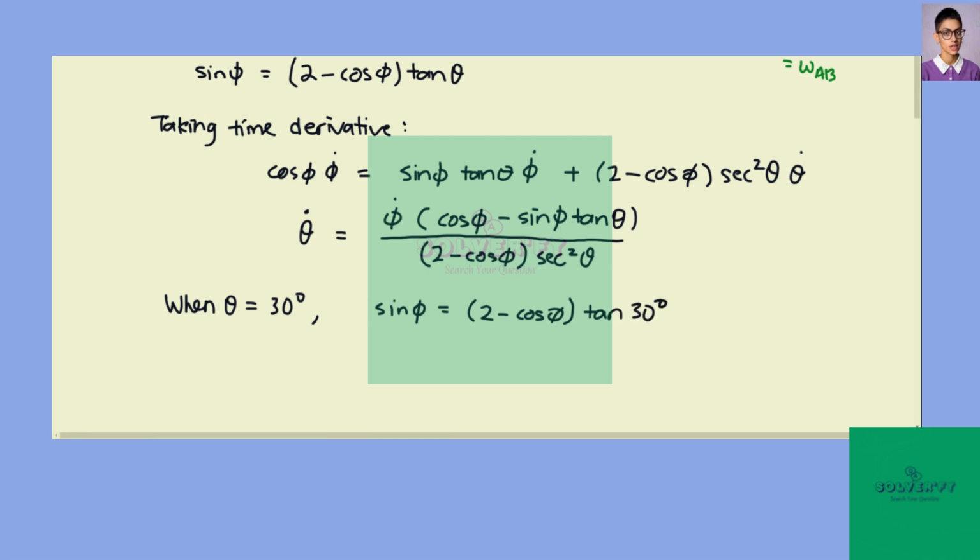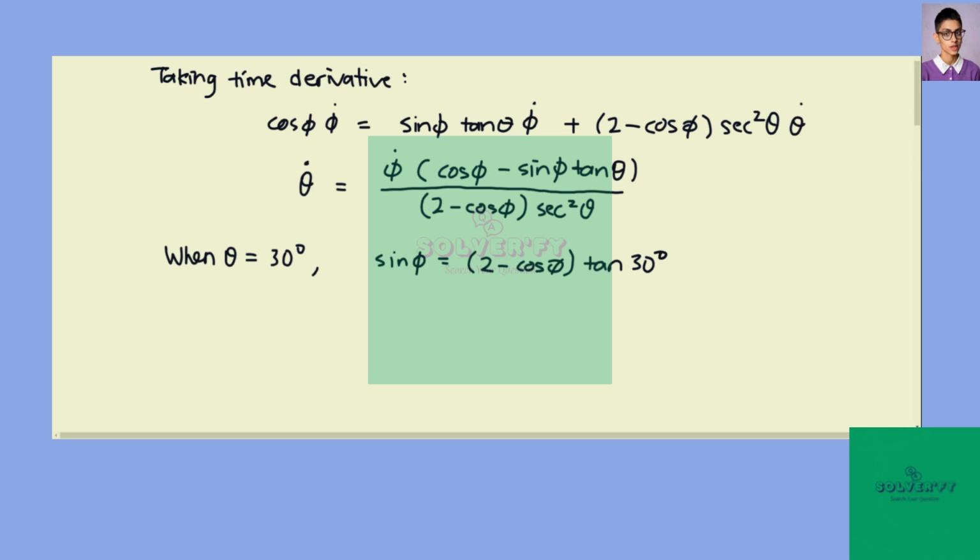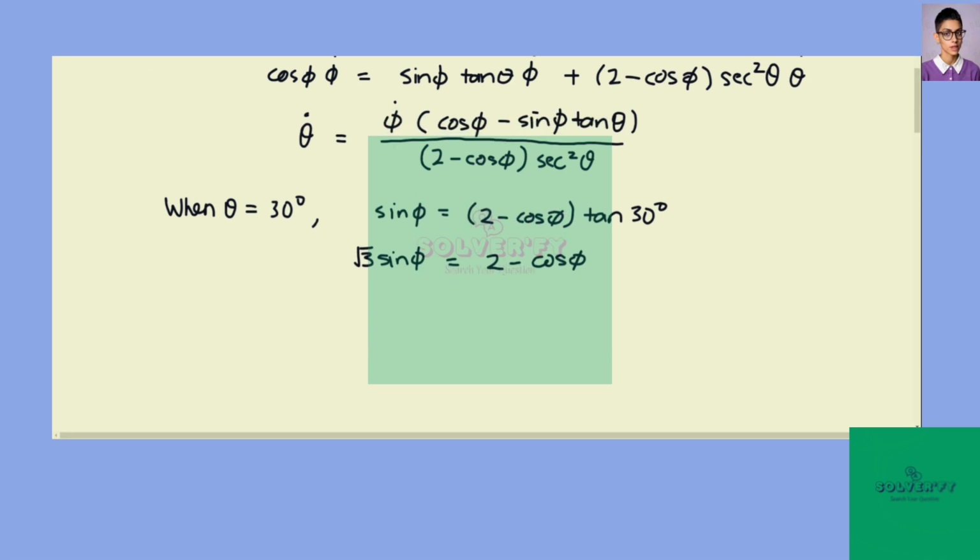There are a few ways to go about this. Tangent 30 degrees is root 3 over 3, or 1 over root 3. So you have root 3 sine phi equals 2 minus cosine phi. You can get rid of the square root 3 by squaring both sides, so you have 3 sine squared phi equals 4 minus 4 cosine phi plus cosine squared phi.